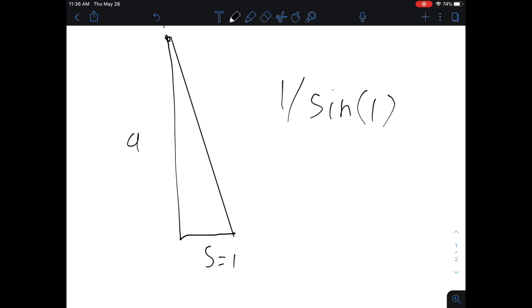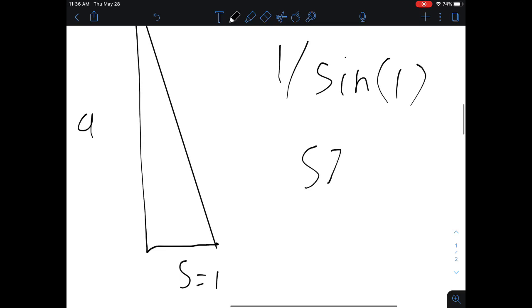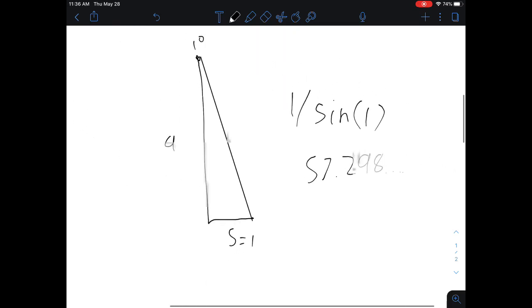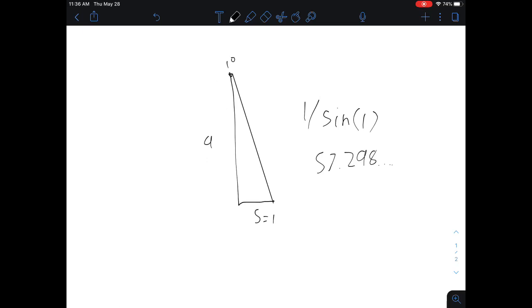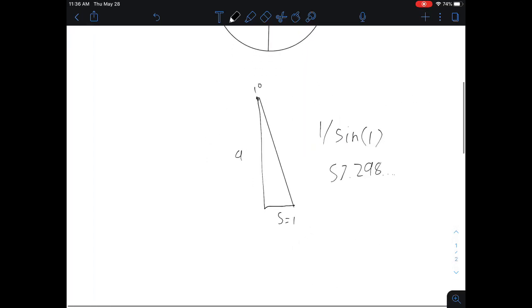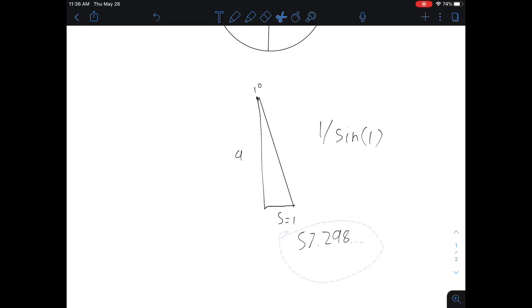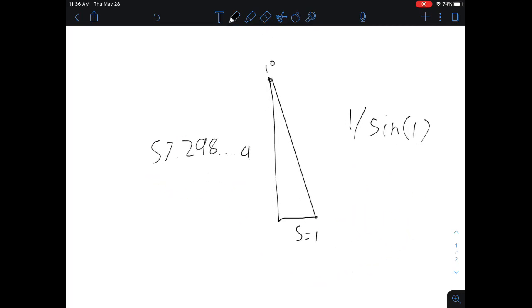Now we just do that in your calculator. And we get 57.298 blah blah blah. So that's this number. We're going to drag it over there. I'm going to keep the rest of the digits in my calculator so I can use them later.